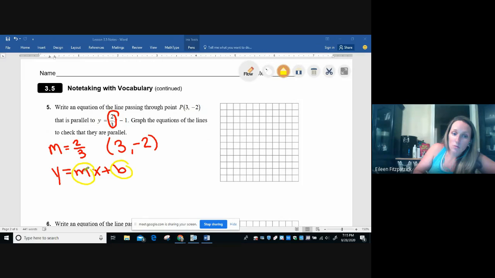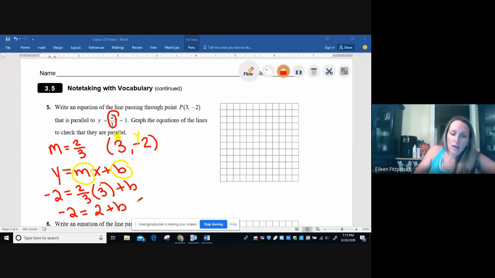You know the slope, you can plug that in, you don't know the b. But you have an x and a y to work with. So plug those in and then you'll solve for b. All right, so it's -2 equals 2/3 times 3 plus b. So that's -2 equals, cross simplify, 2 plus b.